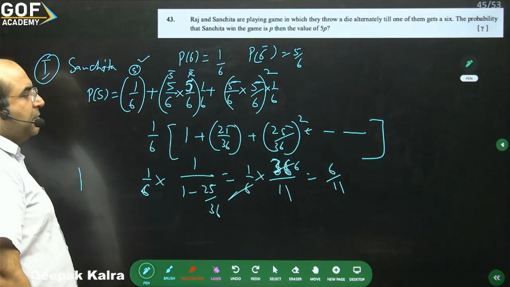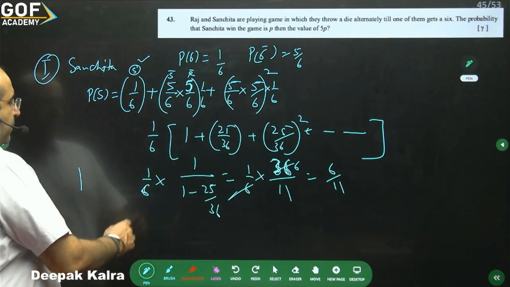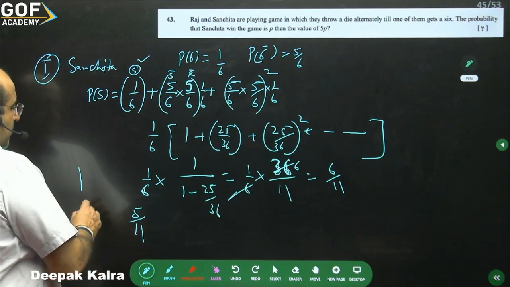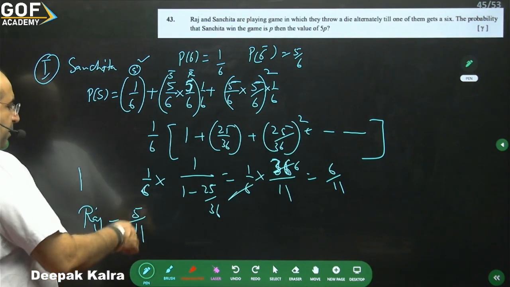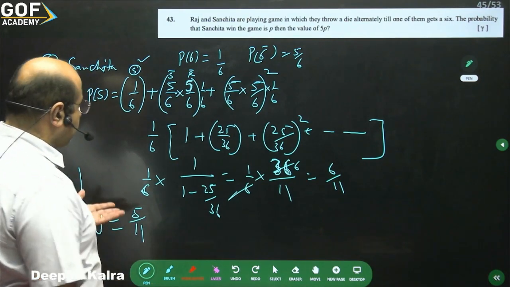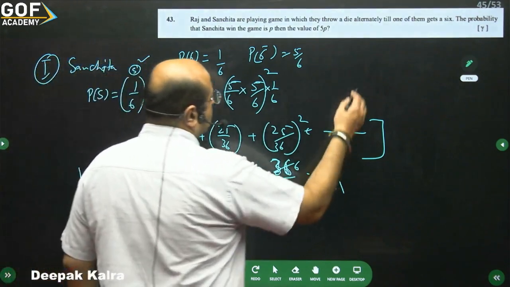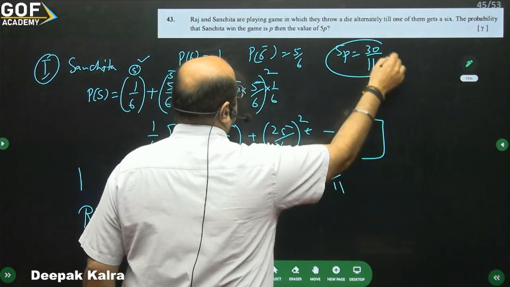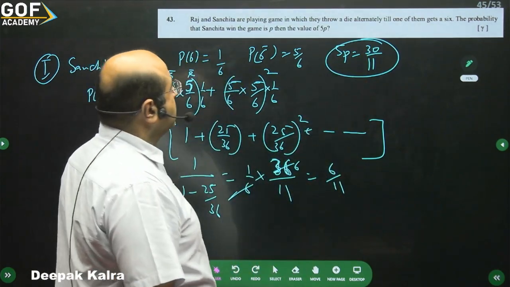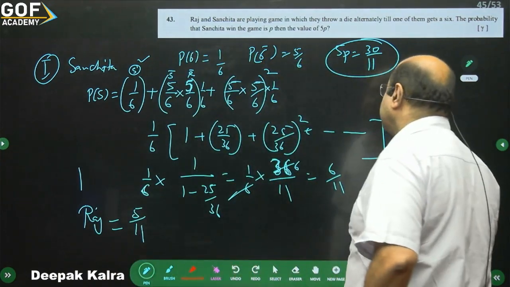And if she doesn't start the game, then it would be 5/11. Do you think so? Raj winning in this is 5/11. So this is the first case, the 5p will be your 30/11. I'm in doubt, a numeric answer won't come, so you need to write in decimal.